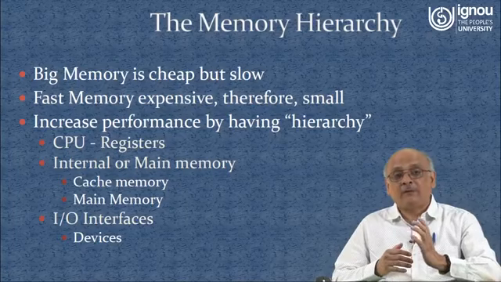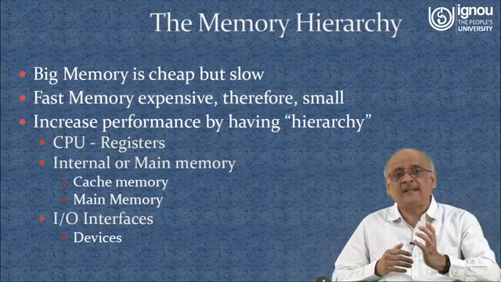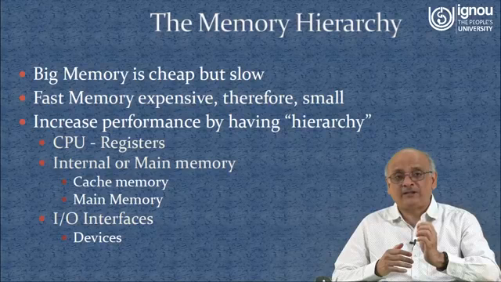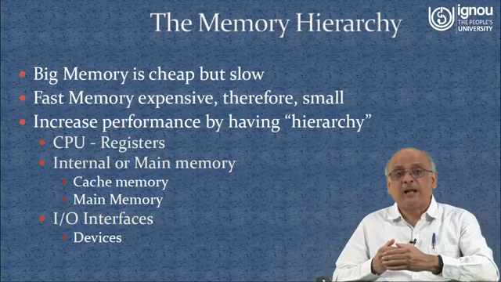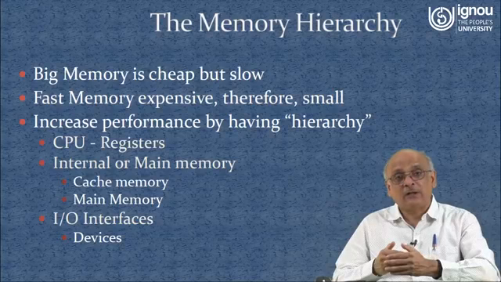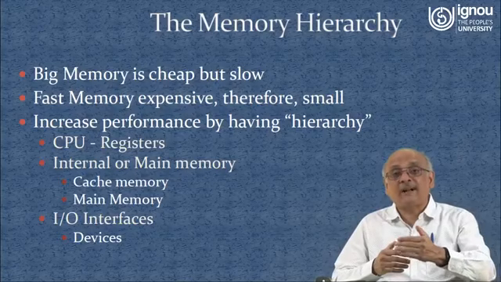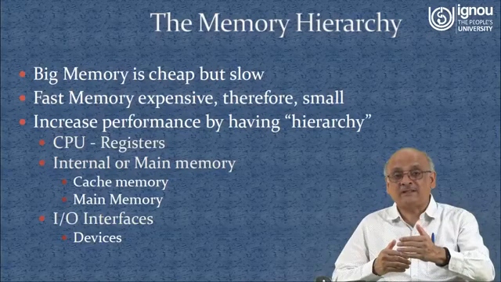The von Neumann architecture simply says that any information which is to be processed by a computer has to be in the memory of the computer, and that memory has to be very, very fast. But in practice, the main memory of a computer is found to be 20 to 50 times slower. So what we need is a faster memory between the main memory and the CPU registers.